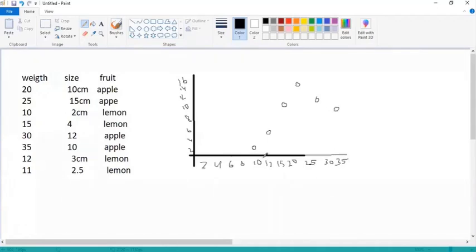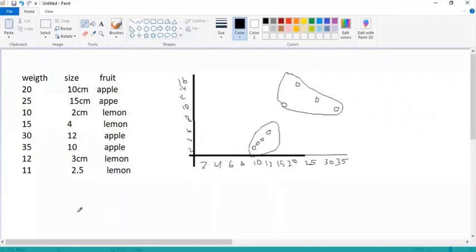12, 3 centimeters. 11, 2.5 centimeters. All right. So now the whole thing belongs to one group and this whole thing belongs to one group. Yes or no?